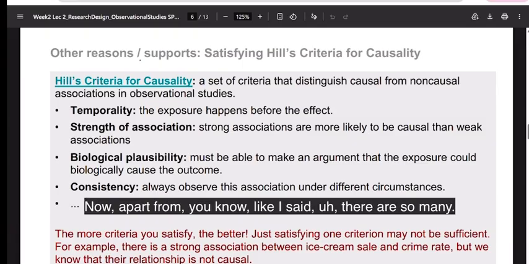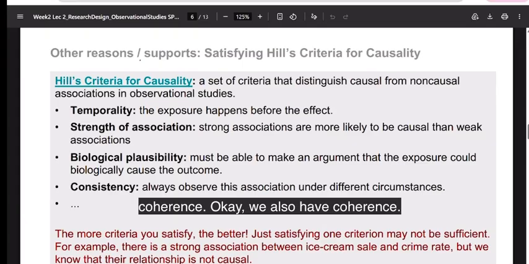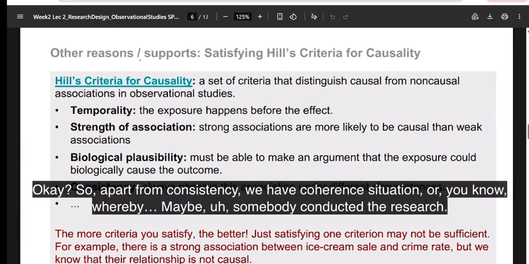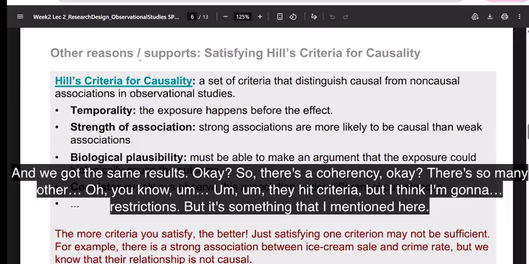Apart from consistency, we also have coherence. This is a situation whereby maybe somebody conducted research unknowingly to me, and I conduct the same research, and we get the same result.